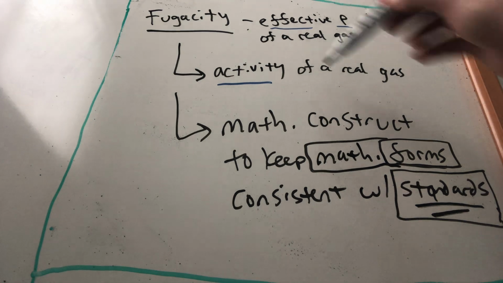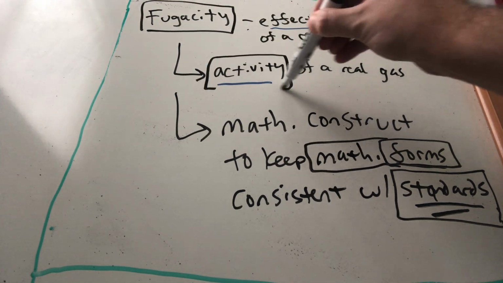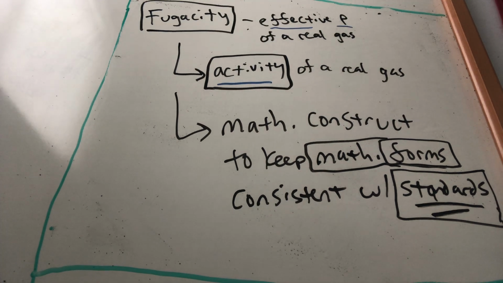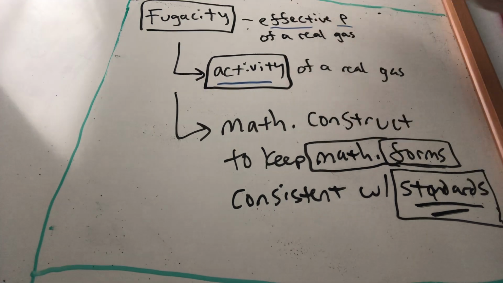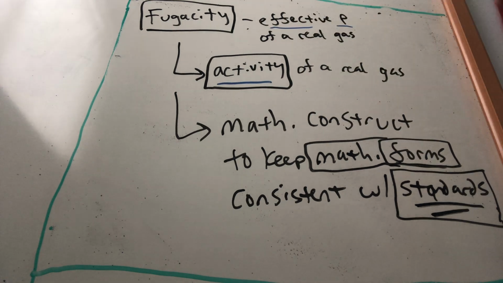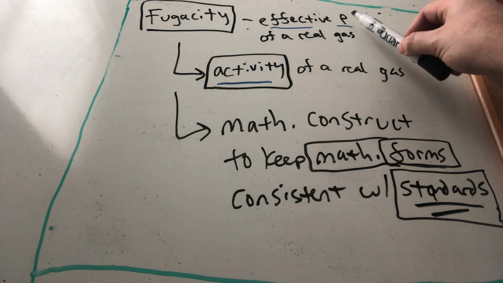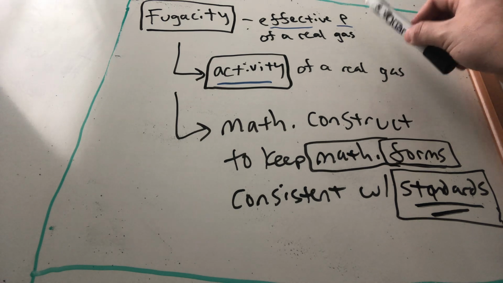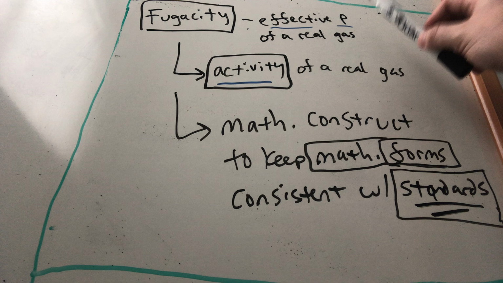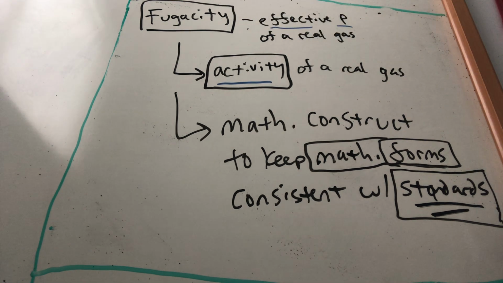So what we do is we literally define something called activity for other situations, but we're going to call it fugacity for gases. We define something that keeps the math looking the same, keeps the math consistent, even though it's essentially not directly the pressure, it stands in for pressure for real systems. Anything that we can do ideally with pressure, we can do with fugacity for real systems.